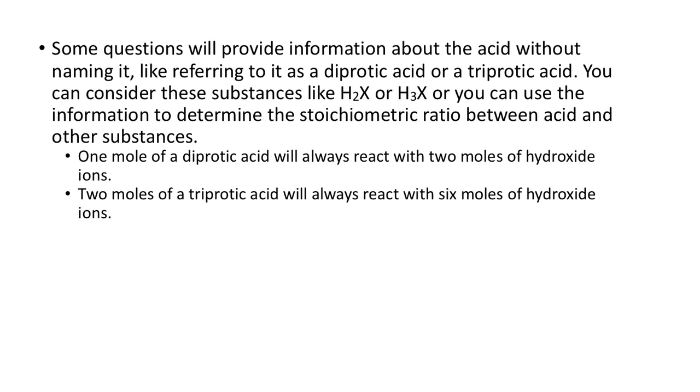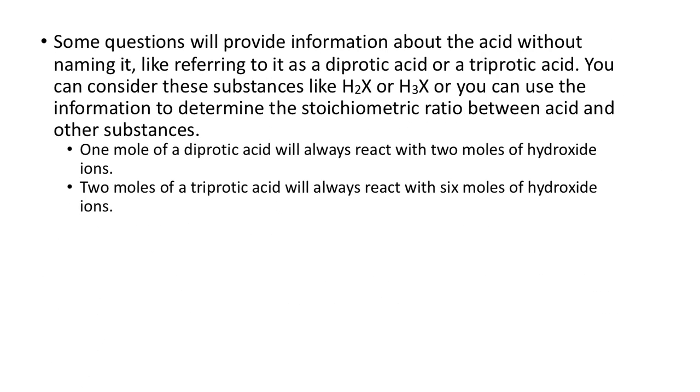What's next? Some questions will provide information about the acid without naming it, referring to it as diprotic or triprotic. You can consider these substances as H2X or H3X for diprotic or triprotic, and use the information to determine the stoichiometric ratio between the acid and the other substances. If you're having a reaction with something like sodium hydroxide, 1 mole of a diprotic acid will react with 2 moles of hydroxide ions.